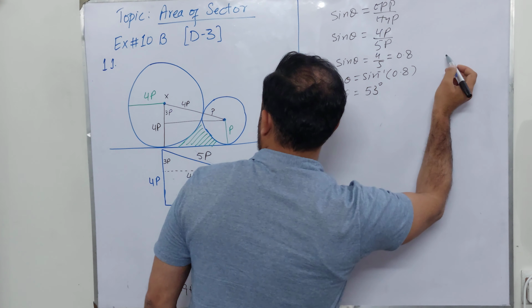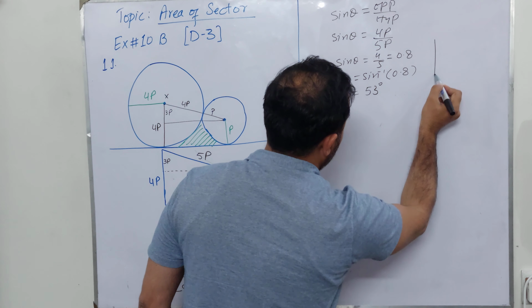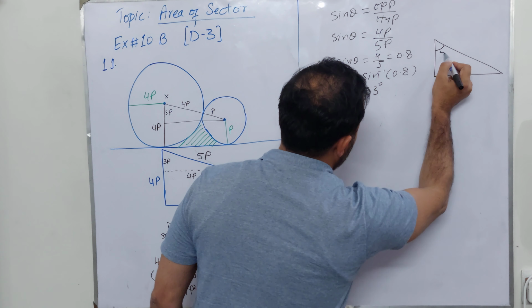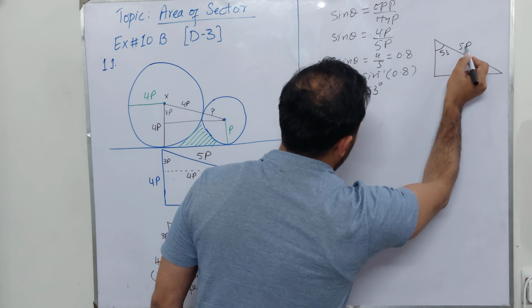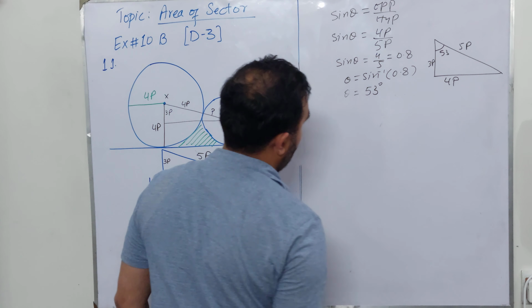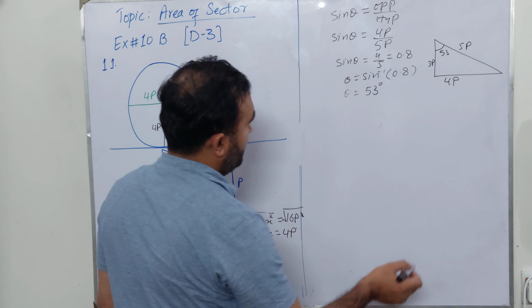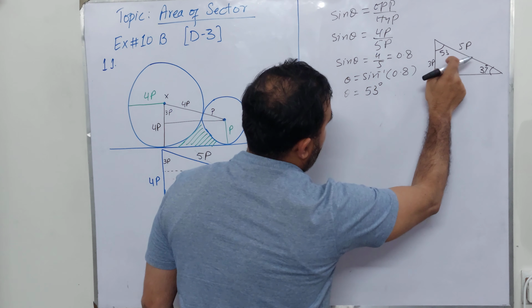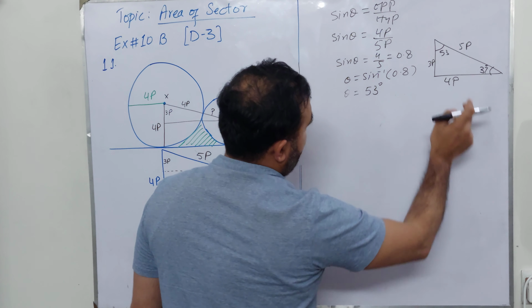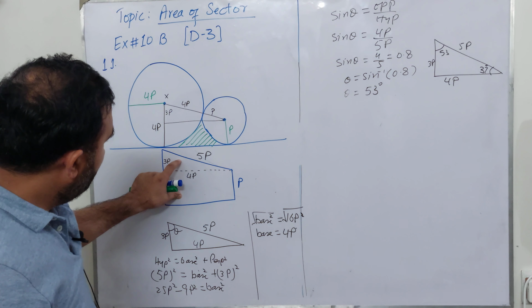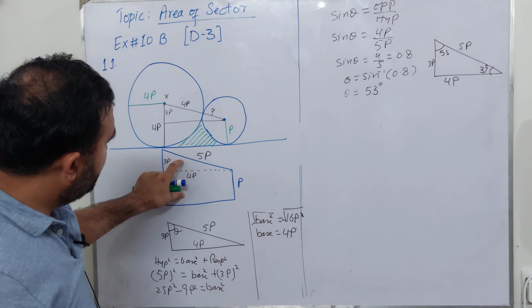Like in this right angle triangle, this angle is 53, with sides 5p, 3p and 4p, right? And this becomes 37 when we subtract, because the sum of these two angles is 90, since this is a right angle triangle. Okay, so now we have to find the area of the trapezium.